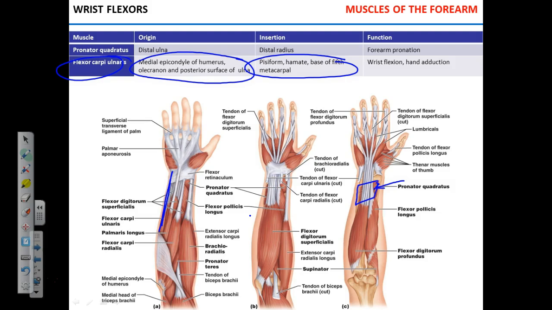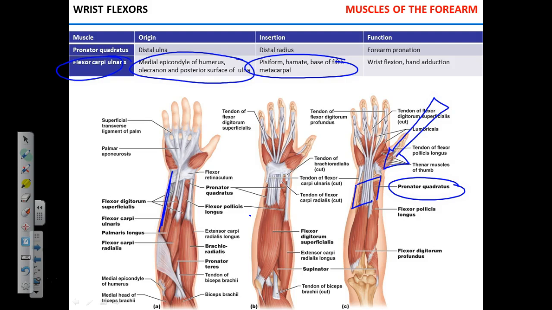Can you see pronator quadratus? I'm going to highlight it as much as I can. So this is pronator quadratus. It connects the distal ulna and distal radius. When it is contracted, it's the prime mover of pronation. Does that make sense?